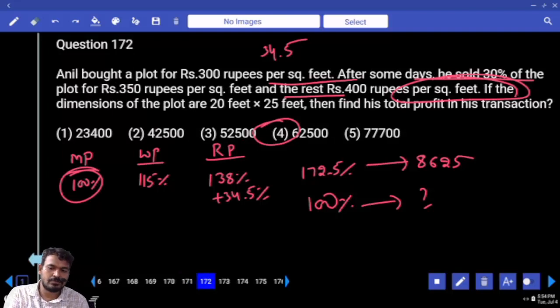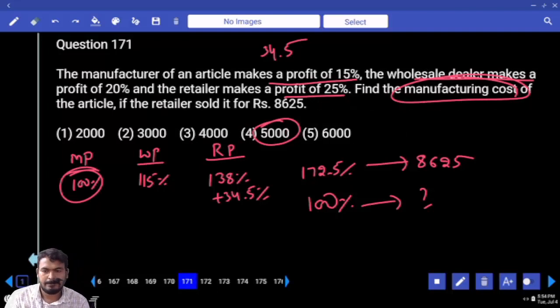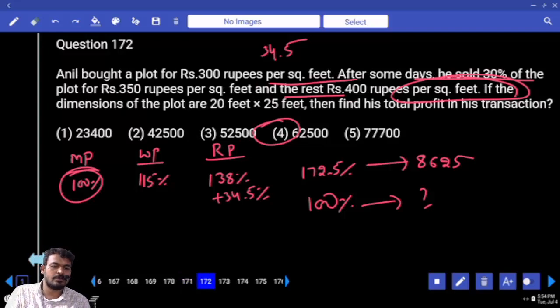Next, question number 172. Anil bought a plot for 300 rupees per square feet. After some days, he sold 30% of the plot for 350 rupees per square feet and the rest at 400 rupees per square feet.